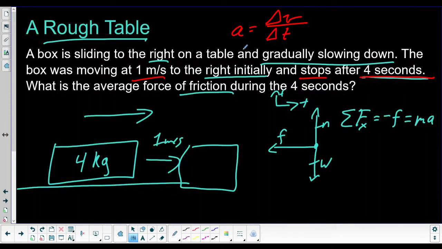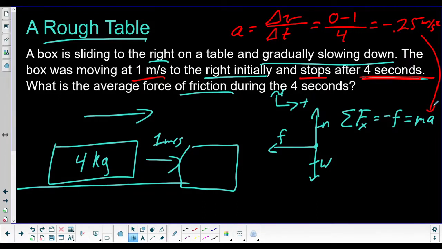So velocity change is final minus initial. We end at 0, we start at 1, divided by the change in time. How much time did that take? 4 seconds? So acceleration is negative 0.25 meters per second squared. So we're losing 0.25 meters per second every second from our speed. All right, that's our acceleration.